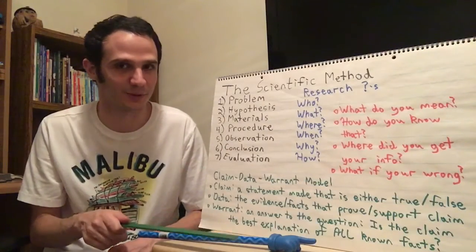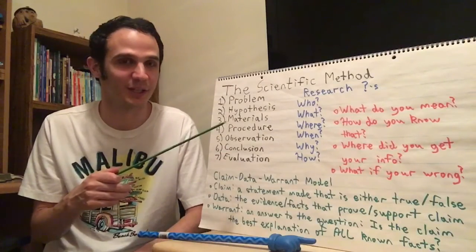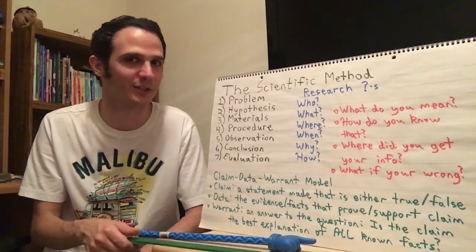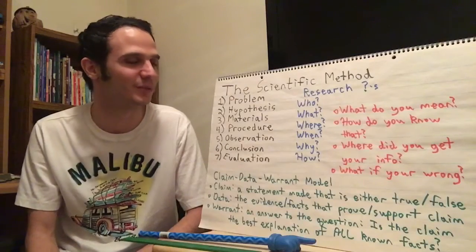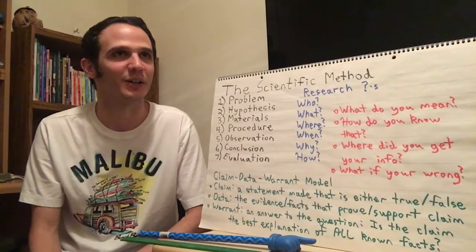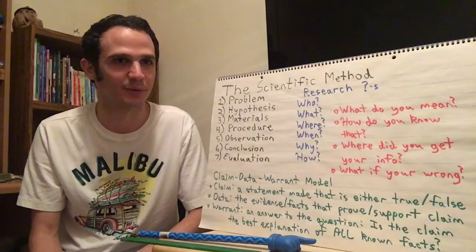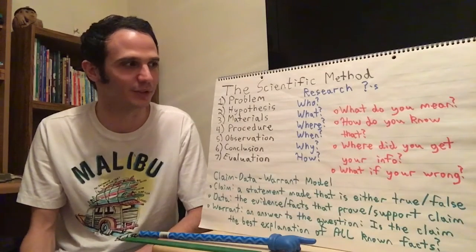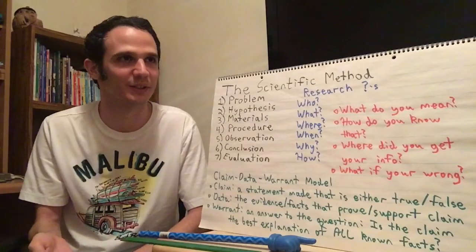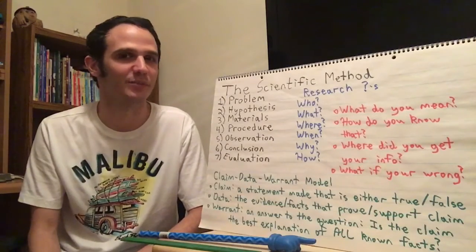If you want to be able to test this and do an experiment, your problem has to be stated in a way that is observable and measurable. Right now we have a vague problem. I just said I want to find out what I can do not to be so tired anymore. Now I have to be more specific: what do I want to test to not be so tired anymore?